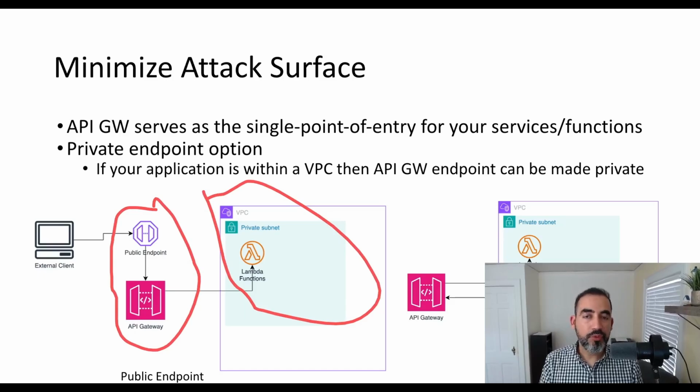And if you just want to use the API within your VPC or within a VPC that you have established through one of your transit VPCs, then you should definitely consider using a private endpoint, because you don't need to expose your API Gateway publicly, and you can just get the functionality that you want using the private endpoint. And that is a good example of minimizing your attack surface, because in this case, the API Gateway endpoint didn't have to be public because you were accessing it from within only a specific VPC, and you just made it a private endpoint which is available to the VPC.